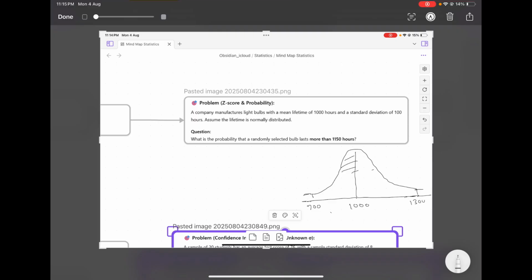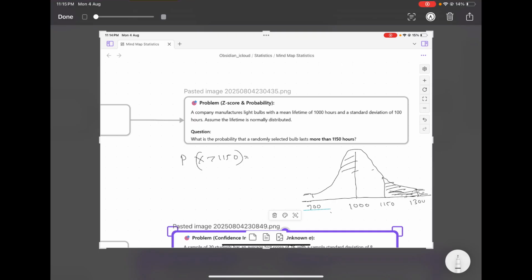So we need to find the probability that a randomly selected bulb lasts more than 1150 hours. It will be somewhere here, at 1150 hours. So it corresponds to the probability of this curve from here. P of x greater than 1150 corresponds to this area.